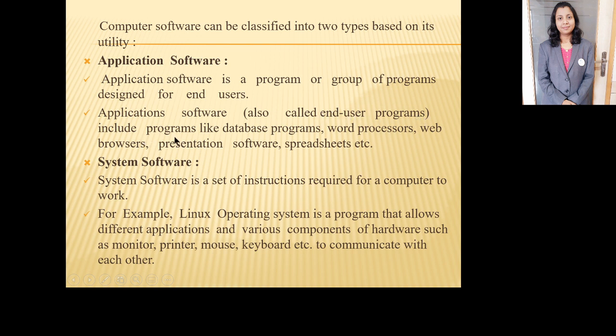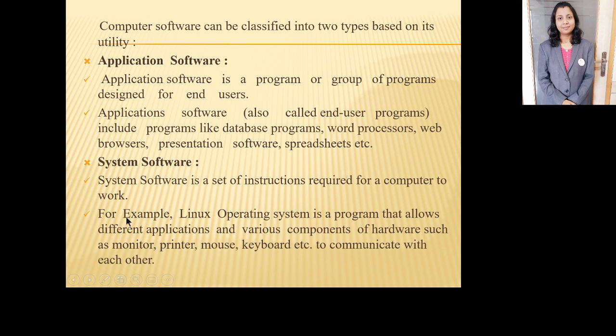It includes programs like database programs, word processors, web browsers, presentation software, or spreadsheets, you know, those Excel sheets, etc. So these are the software which are application based, used by the end users, and these are the examples of the application software.